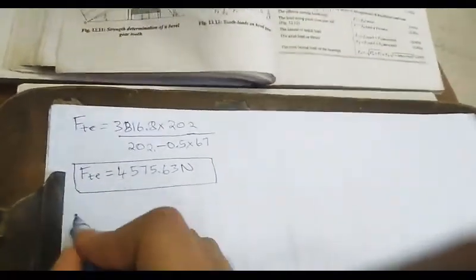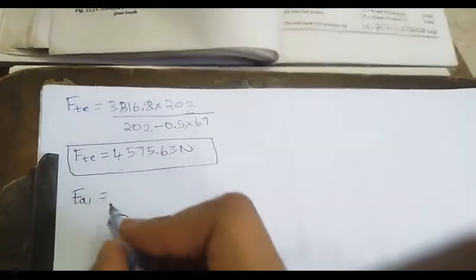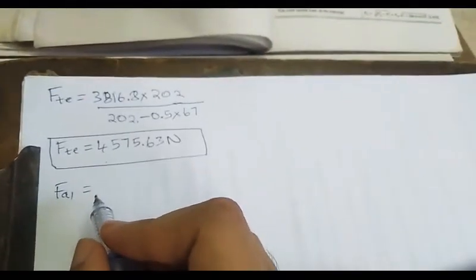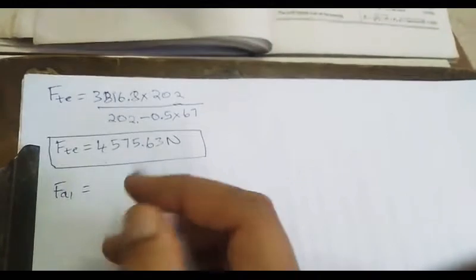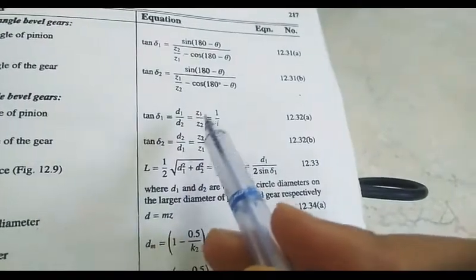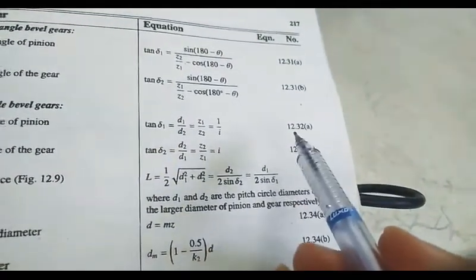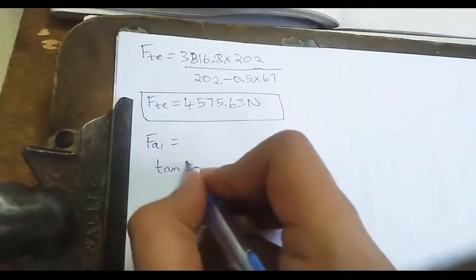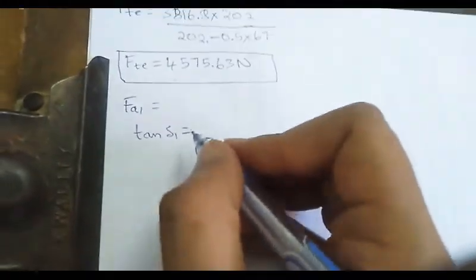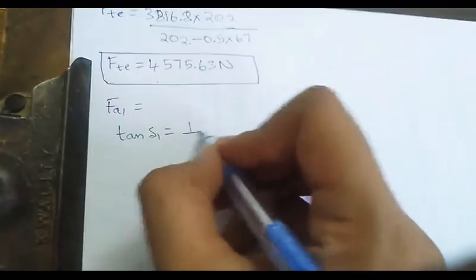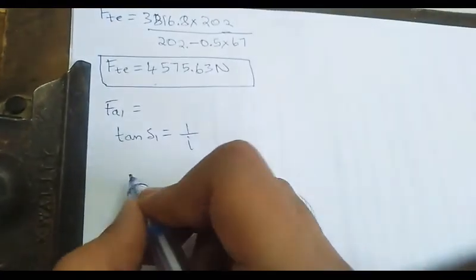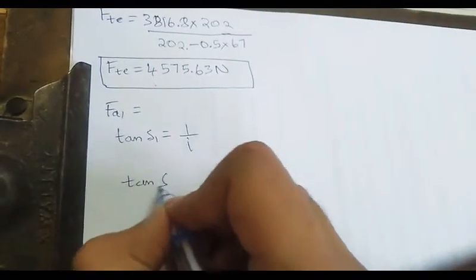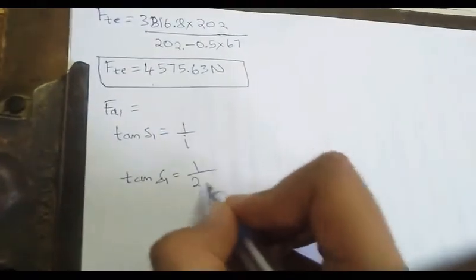Now I can find the axial force FA1. For this I have to find delta 1. To find delta 1 we'll take one formula from the data handbook. Here you can see tan delta 1 is equal to 1 by I, 12.32a, page number 217. Tan delta 1 equals 1 by 2.5.